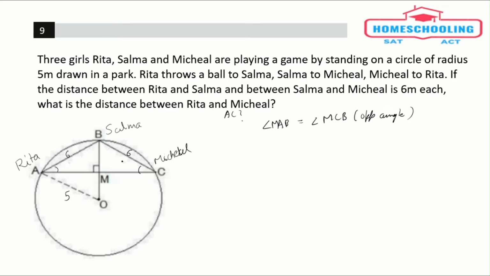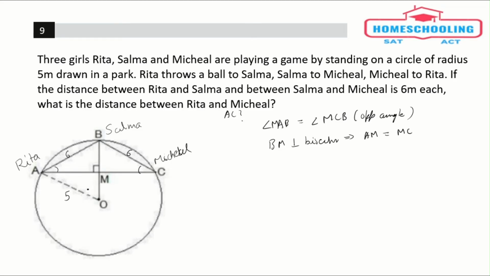So this is an isosceles triangle, it has two equal sides, so opposite angles would also be equal. Now, as we can see, BM is the perpendicular bisector. So we can write AM is equal to MC.